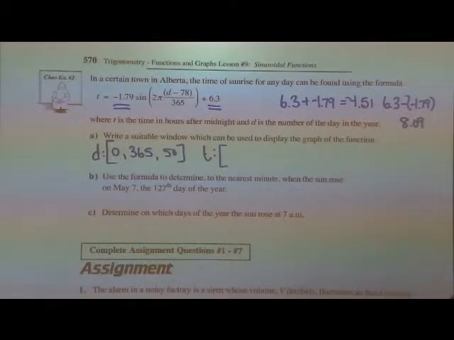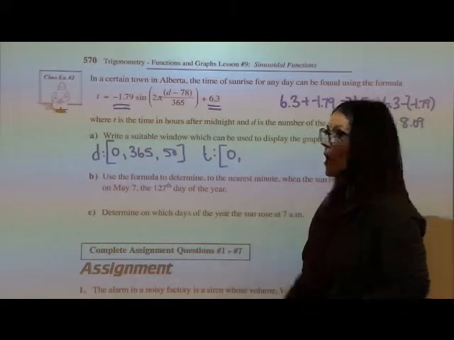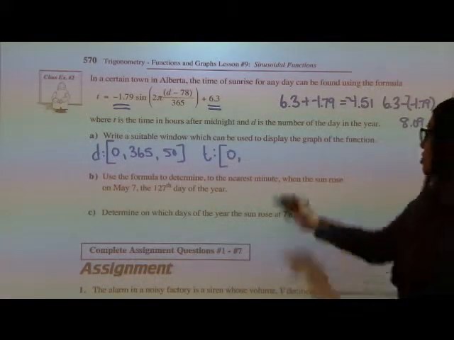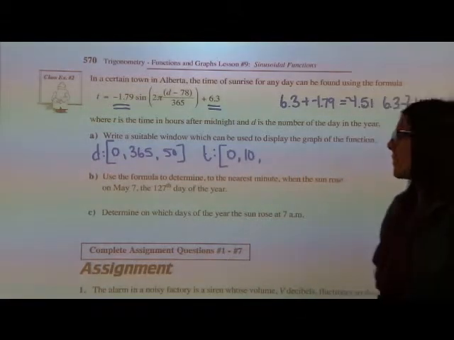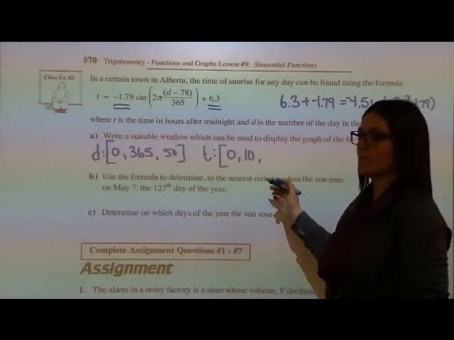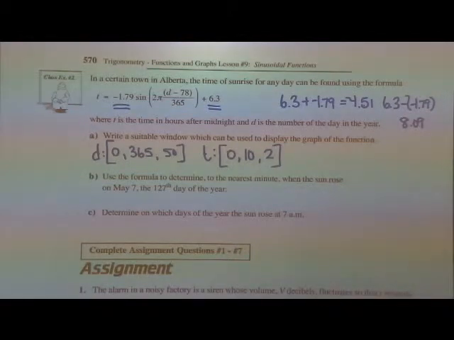So if I wanted to put this into a window setting, I could start at 0 and go up to, sure. And what could I go up by? Choose. So every tick mark would represent 2 hours. Okay.